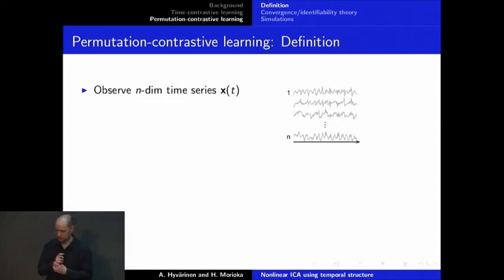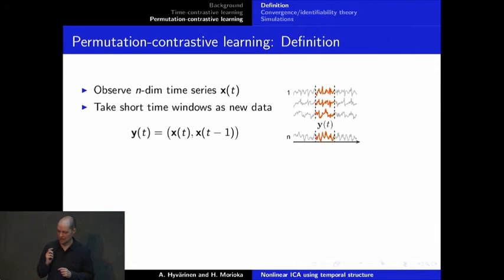So, in more detail, again we observe an n-dimensional time series. Of course, in an ICA context, we always must observe a multidimensional time series, multidimensional data. Otherwise, for one-dimensional data, it doesn't work. And then we take short time windows as the new data.